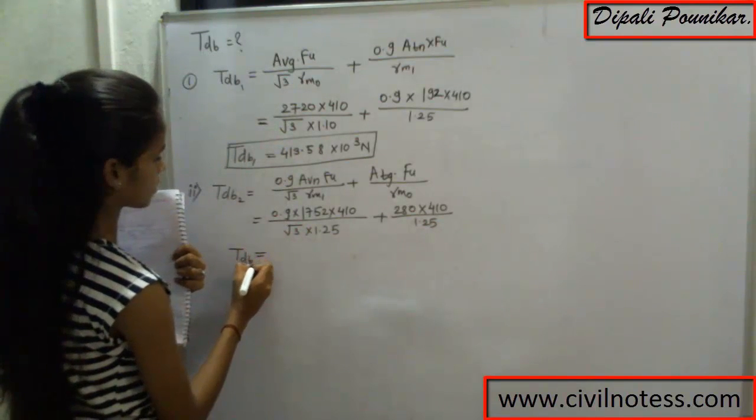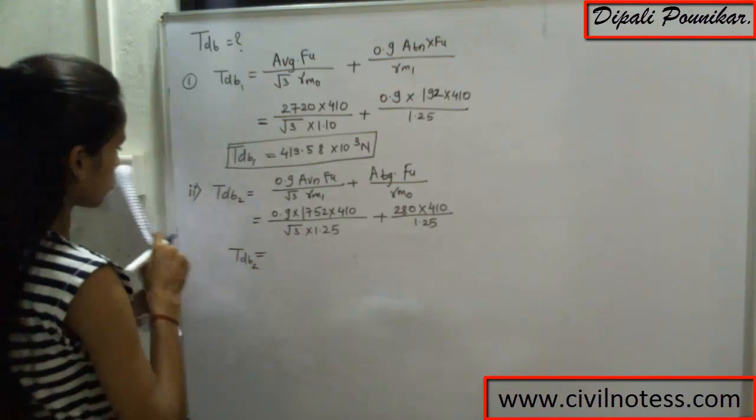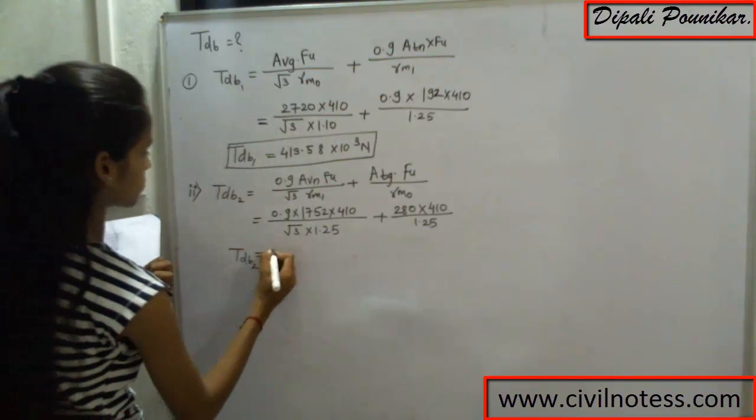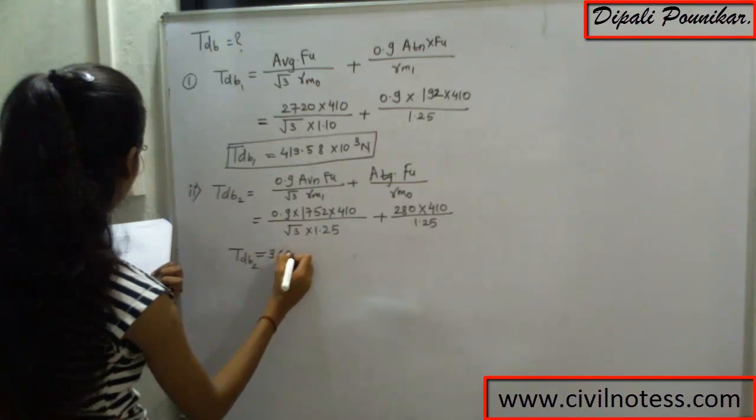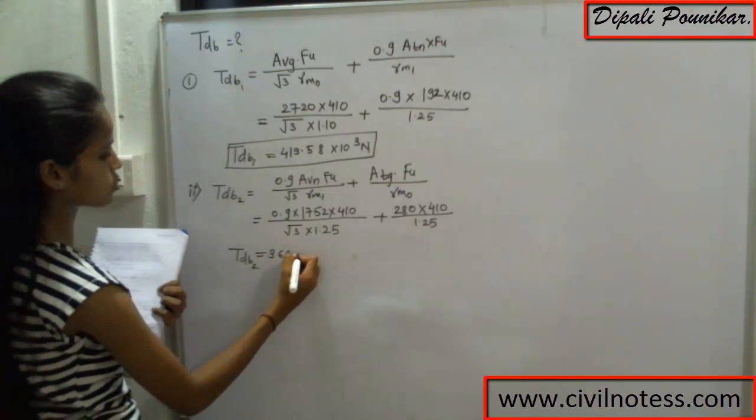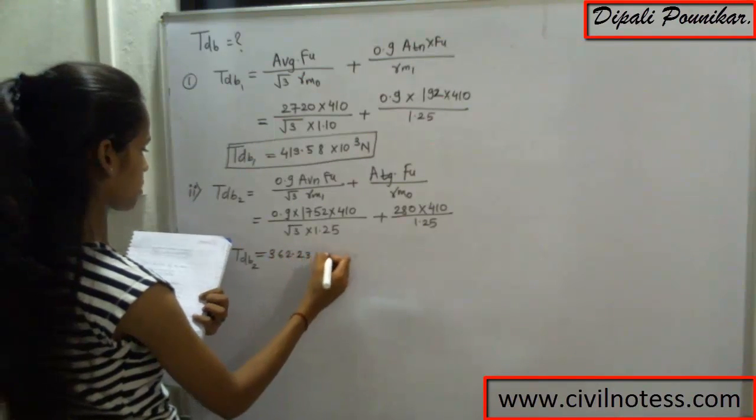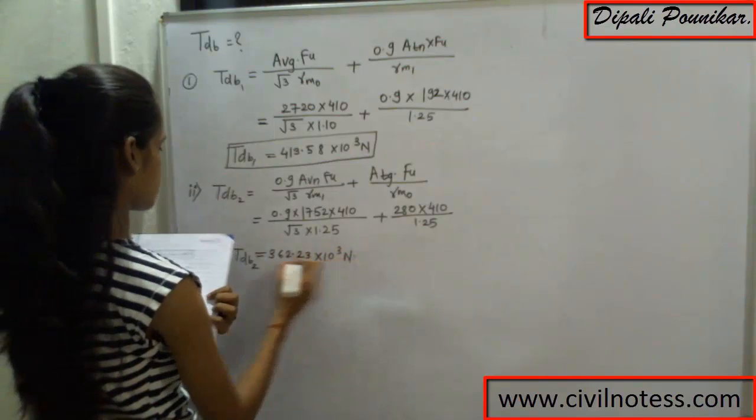After calculating this equation, we get the value of TDB2, that is 362.23 into 10 to the power 3 Newton.